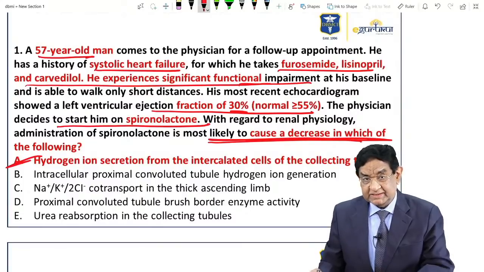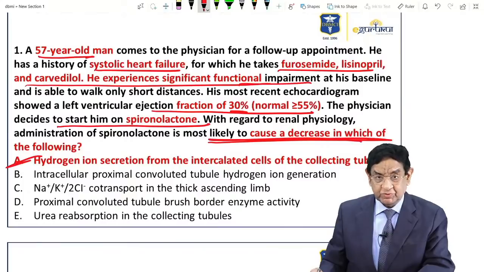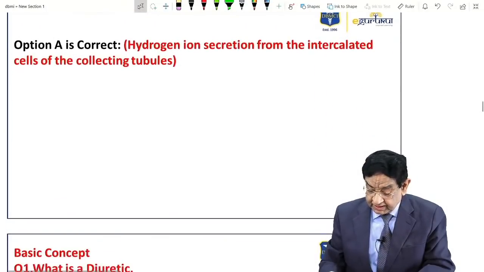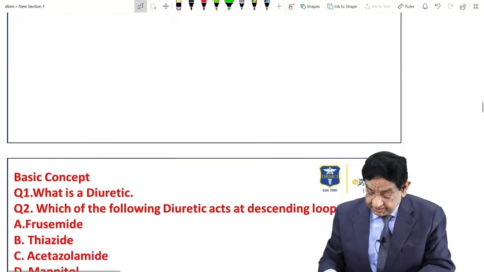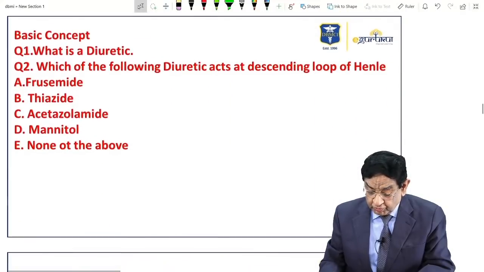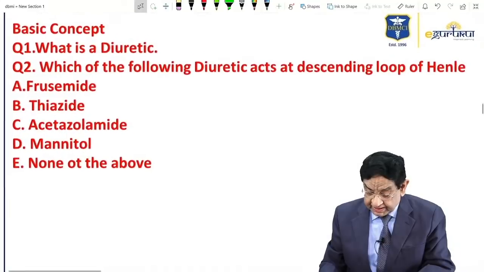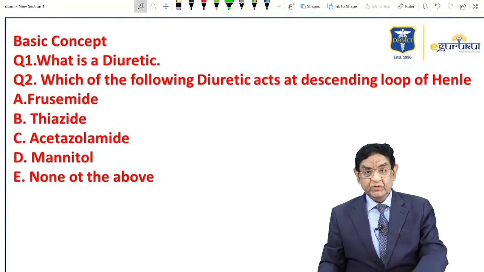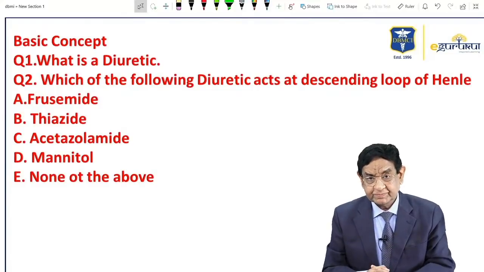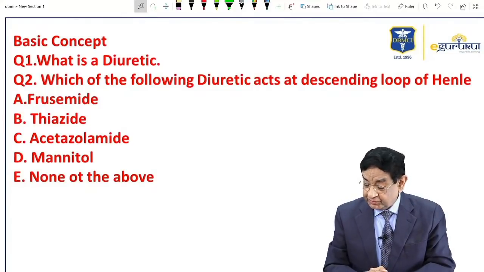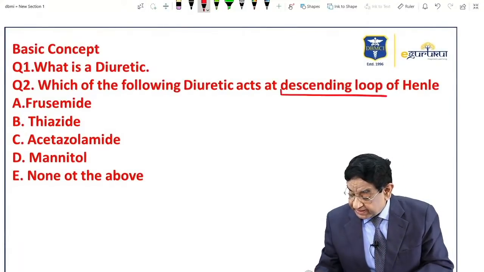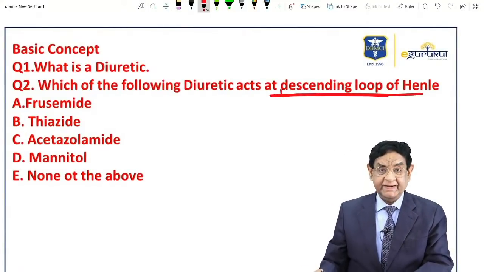Why is the answer A? Why not the others? This you will never understand unless you know the basic concept. Okay, the answer is A. So before I go for the discussion about diuretics, a question only for the students to answer. What is a diuretic? And the second question is, which of the following diuretics acts at the descending loop of Henle?